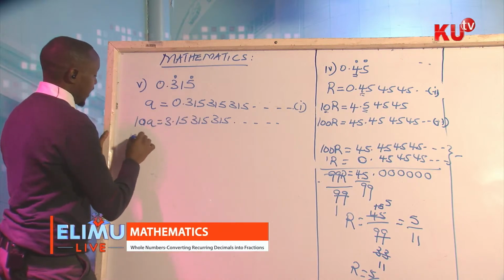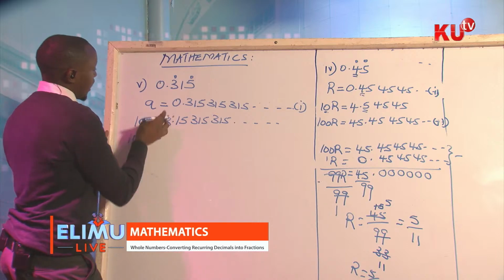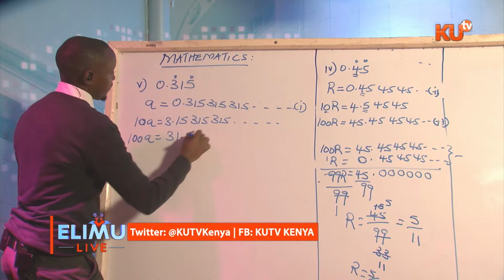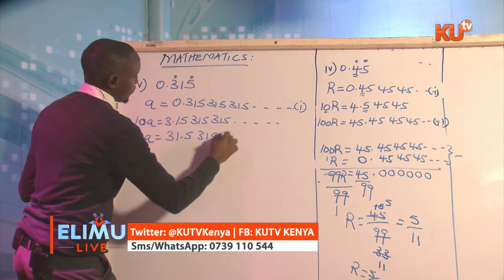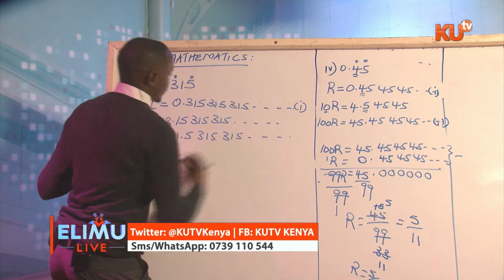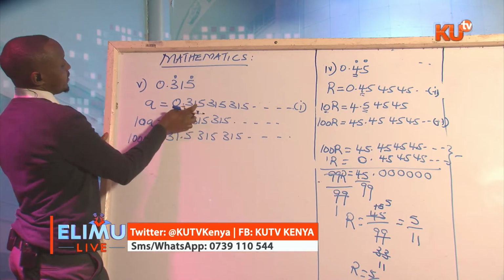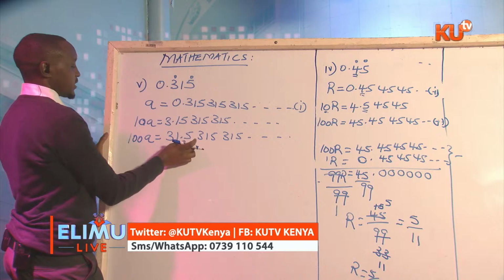So we try 100A. 100A will be 31.5315315. And you see still, learners, that we have 5 here and we have 3 here. When we subtract, we will not get 0.